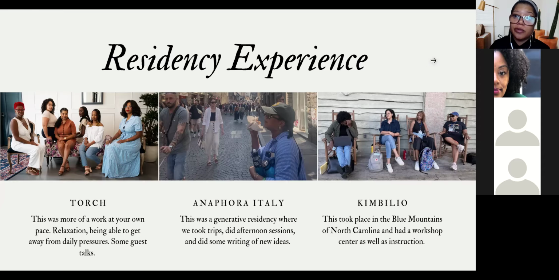At Torch, it was a suite, so it was great because there were two different rooms, but we shared the living space. And at Anaphora, there were different rooms, but I got to stay in the cottage. It was a big villa with big grounds, and so I got to stay in a cottage. My roommate and I had two different rooms, but we shared the bathroom and the living space.